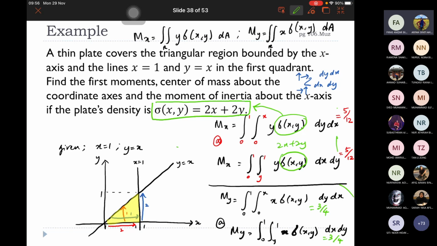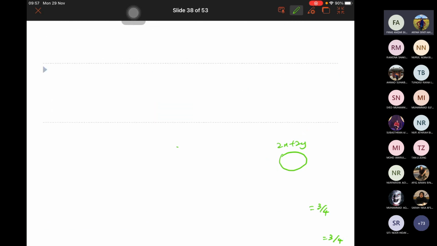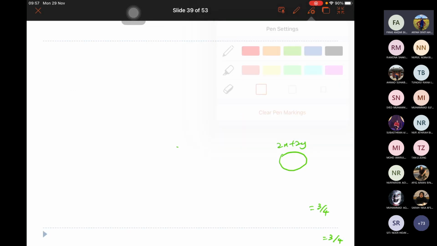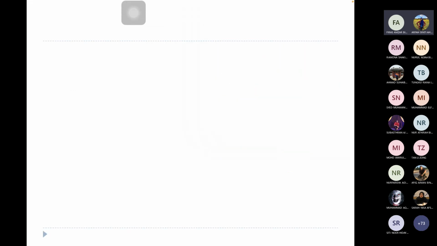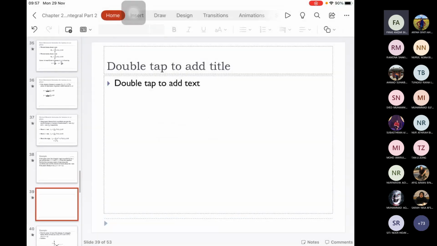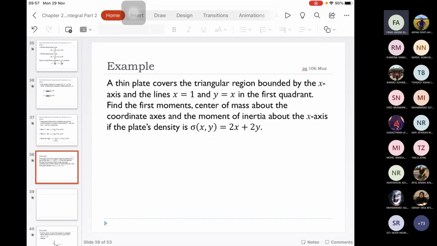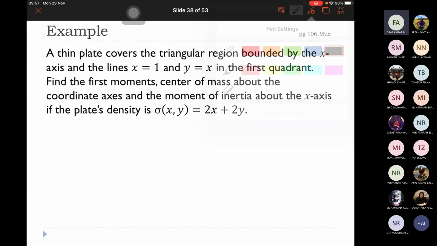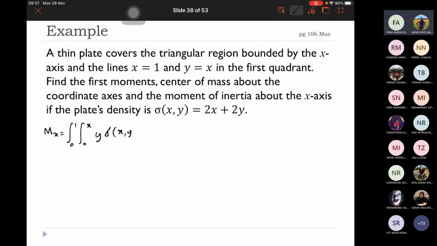So, cuba kita tengok Mx. Okay. Katakan saya ambil Mx equal to integration daripada 0 sampai 1, 0 sampai x, y sigma xy dy dx.